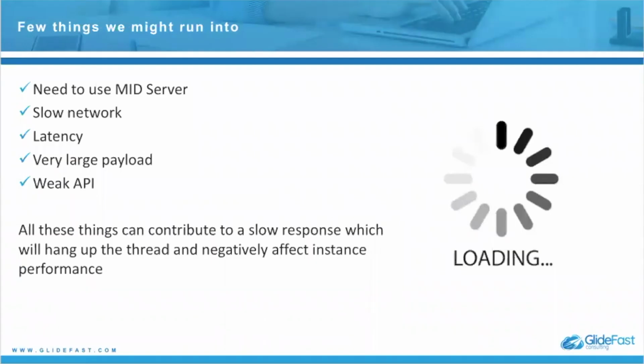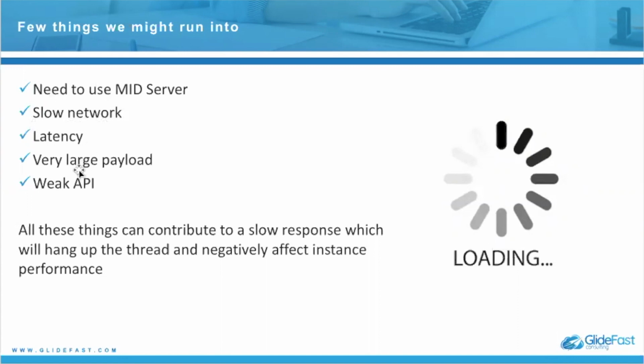So as you can see, everything's good and all of that is working, but there are a few things that we might run into here. We might need to use a MID Server if the data is sitting behind a firewall that we can't access from the internet. If the network is slow, or the API server is located very far from you, that could cause latency issues.